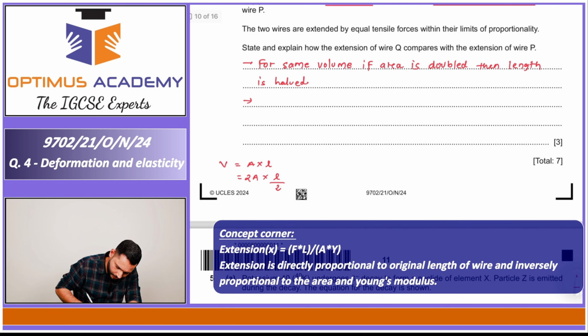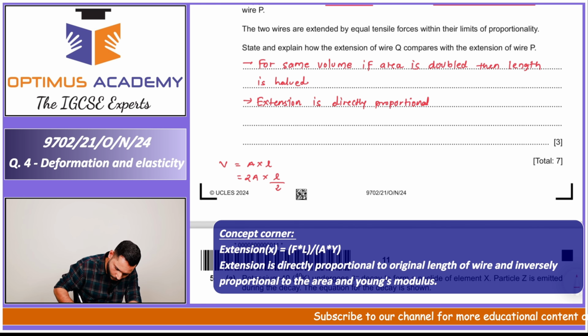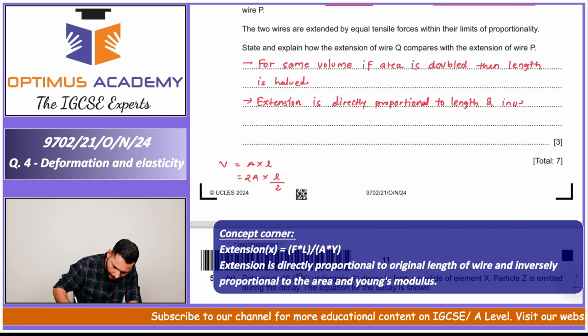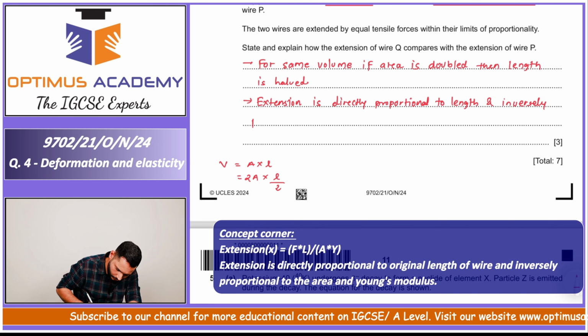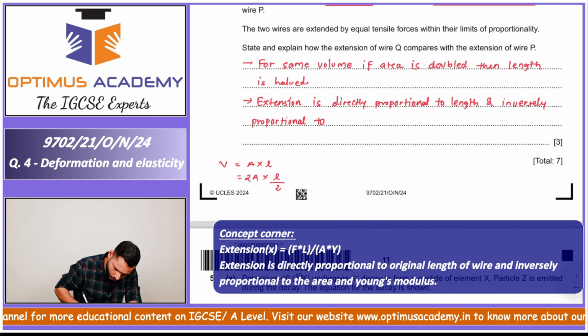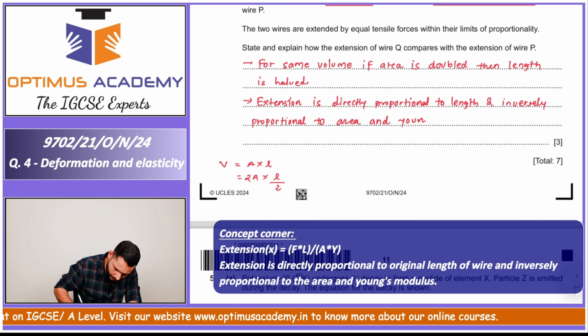Okay, then the extension is directly proportional to length and inversely proportional to area and Young's modulus.